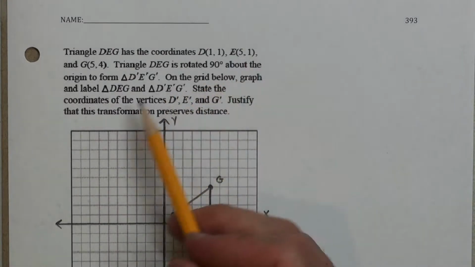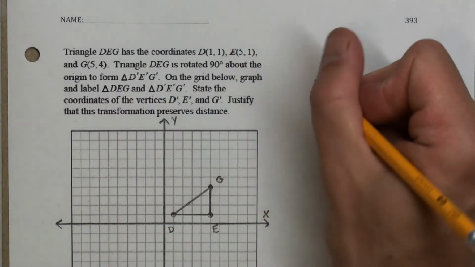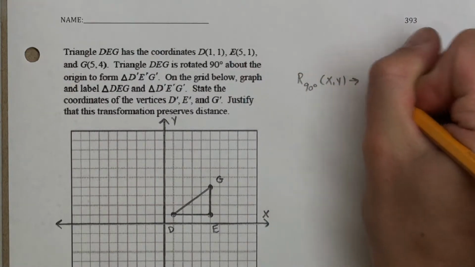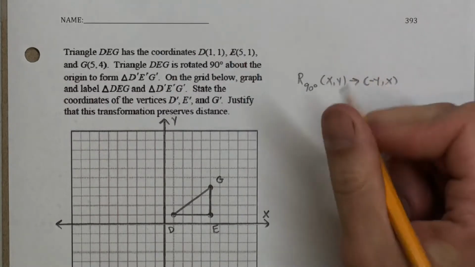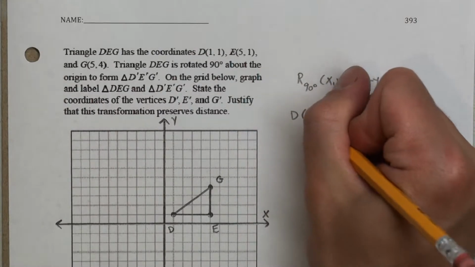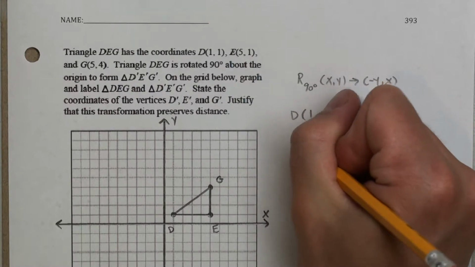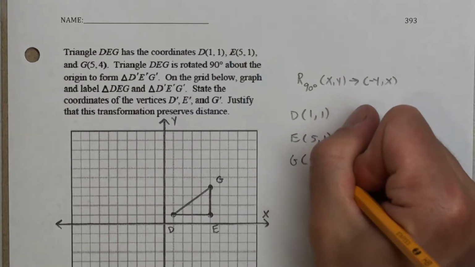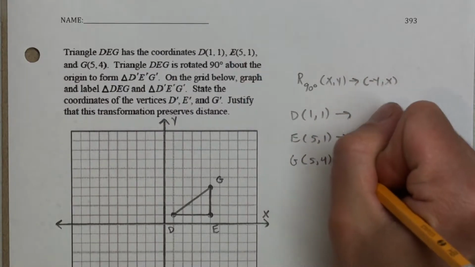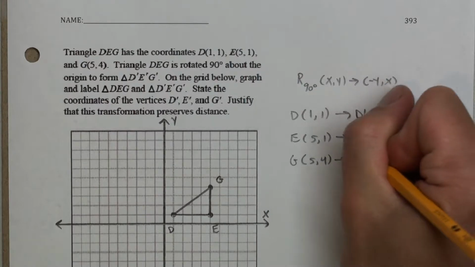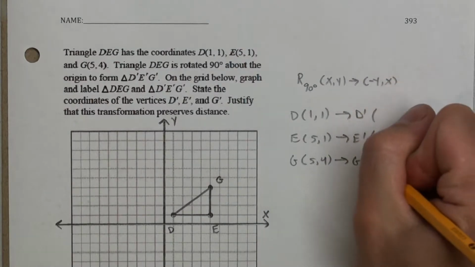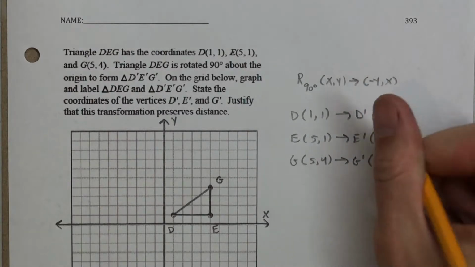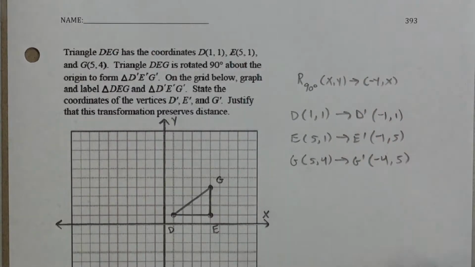Okay, it's rotated 90 degrees. So remember, a rotation of 90 degrees takes xy and turns it into negative yx. So if I have (1, 1), (5, 1), and (5, 4), I get (-1, 1), (-1, 5), (-4, 5).